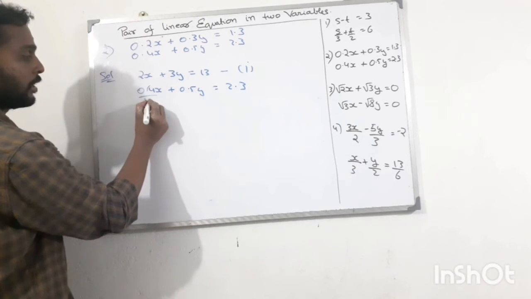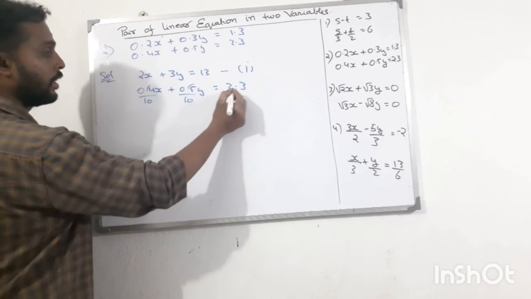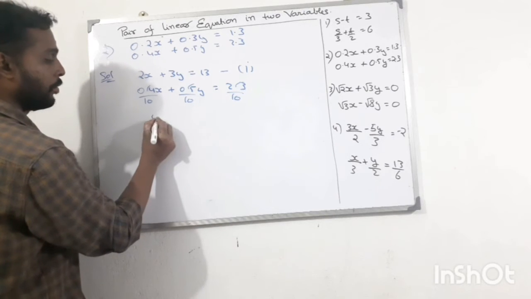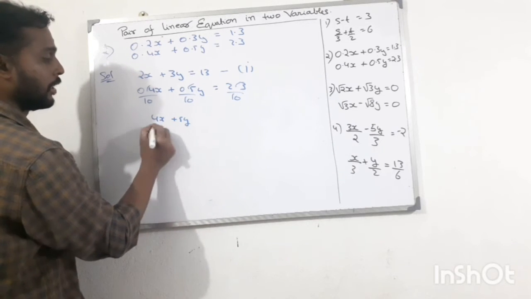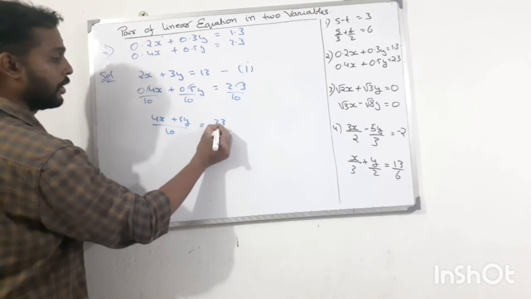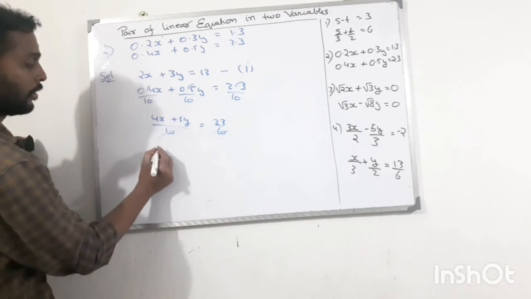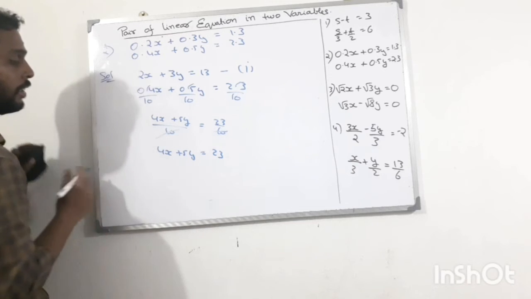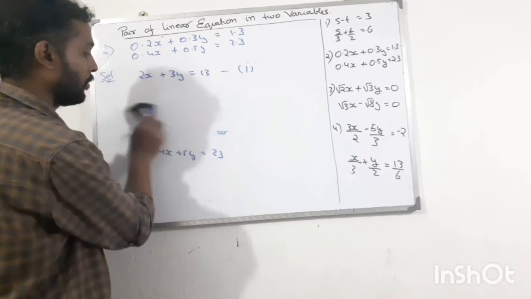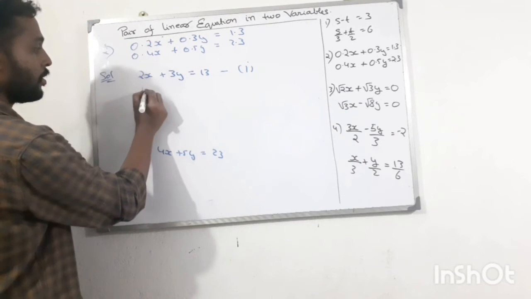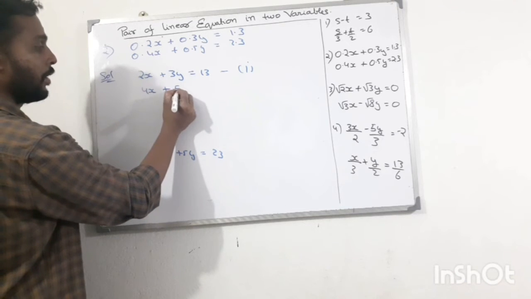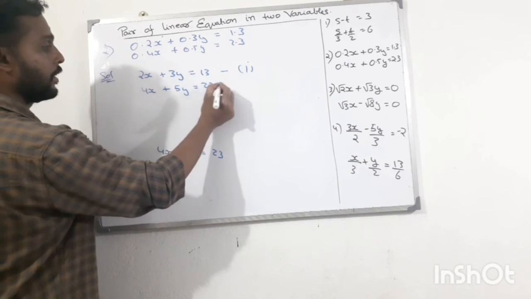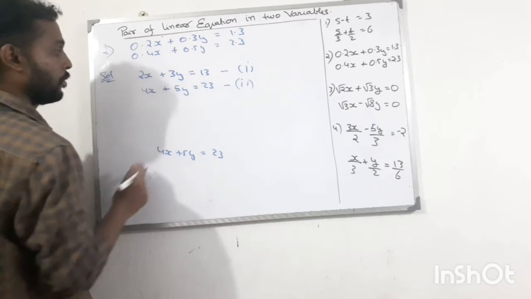So by removing the decimal, multiplying by 10, we get 4x plus 5y by 10 is equal to 23 by 10. Cancel 10, 10. So we got 4x plus 5y is equal to 23. So we can write 4x plus 5y is equal to 23 as our equation 2.